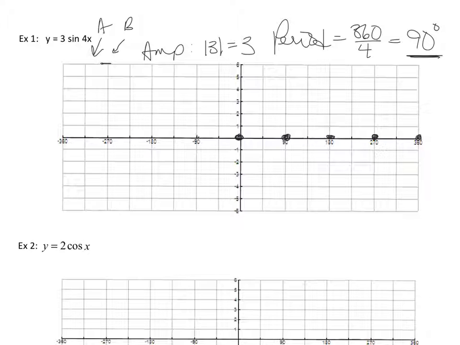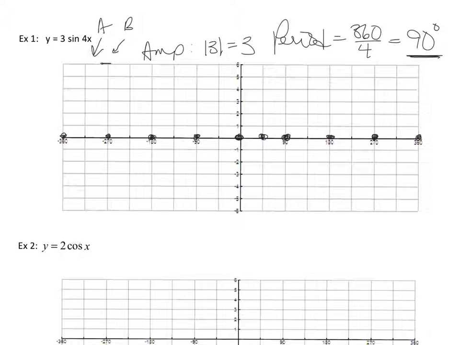And I could go to the left also, 90 degrees. Every 90 degrees it's going to repeat, so it's going to cross the x-axis. So in between these 2 points, we're going to complete a full cycle. What does the sine curve do in between the 2 x-intercepts? Well, it has another x-intercept.